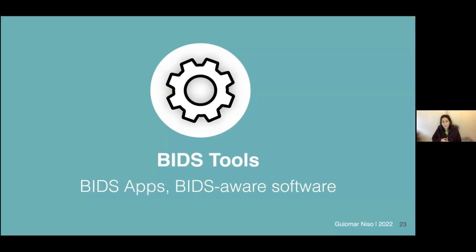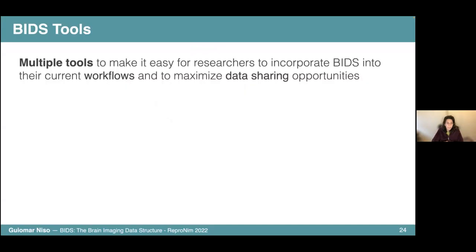And in the same way as we have the specifications, we have also tools to work with BIDS data, because as we have seen, when you have your data standardized, it's easy to create tools that work with this data.